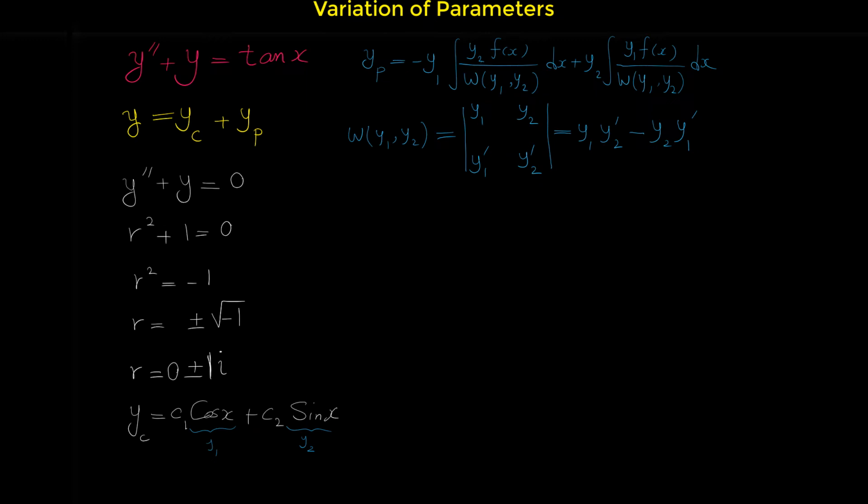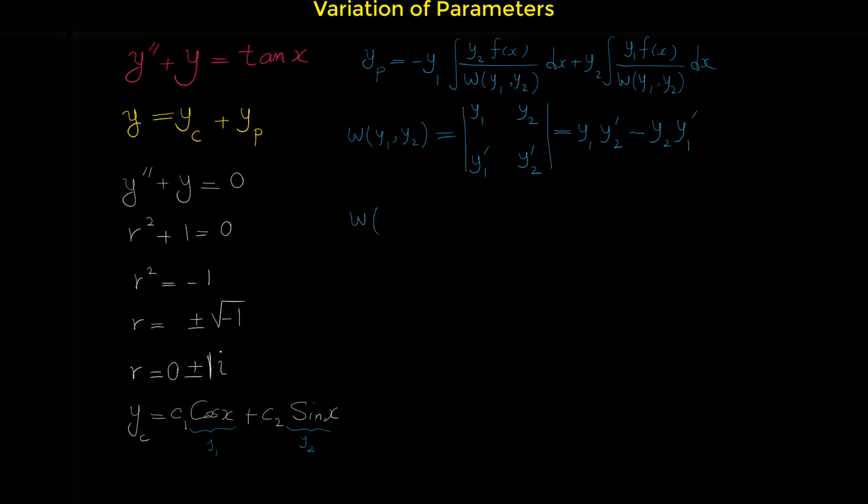I think now everything is clear for you in this formula. We know what y1, y2, f(x), and the Wronskian are. So let's start our calculation. It's always better to first find the Wronskian.